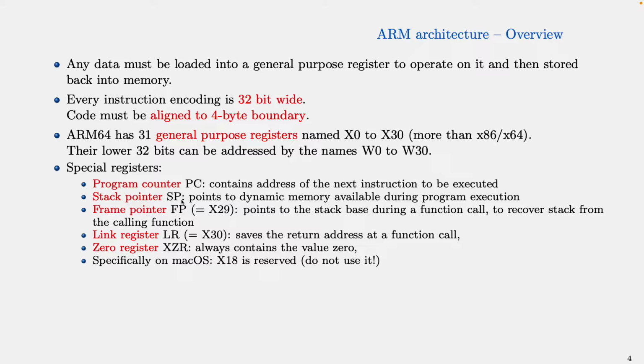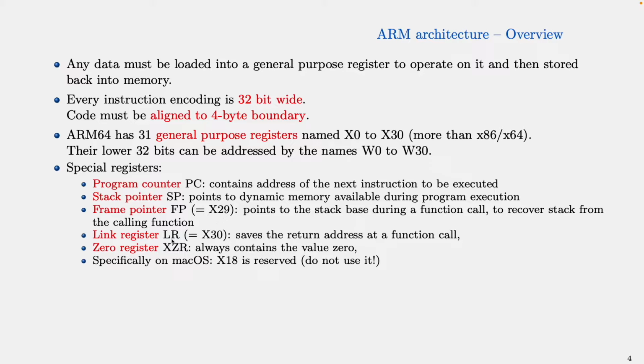So this is some dynamic short-term memory that is available to us during program execution. The frame pointer, which coincides with the register x29, points to the stack base during a function call and can be used to recover the stack from a previous function context.